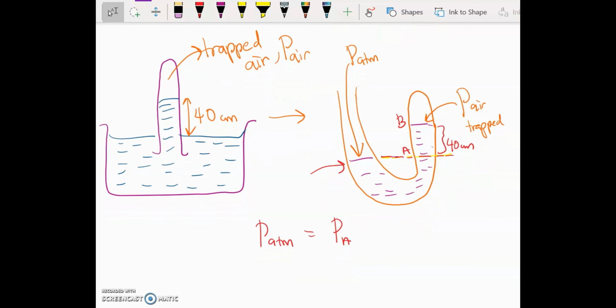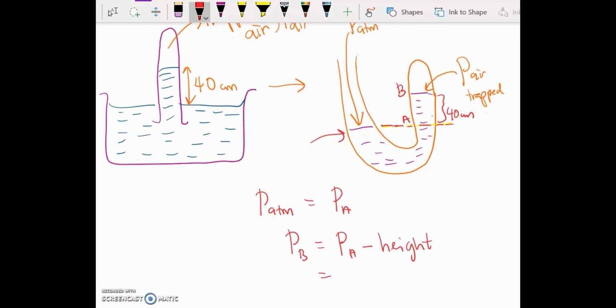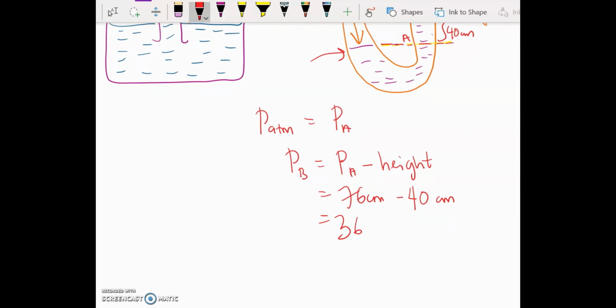Since B is above A, pressure at B is pressure at A minus the difference in height of the column. Pressure at A is 76 centimeter mercury because it is at the same level as atmospheric pressure, minus height 40 centimeter, and you will get 36 centimeter mercury.